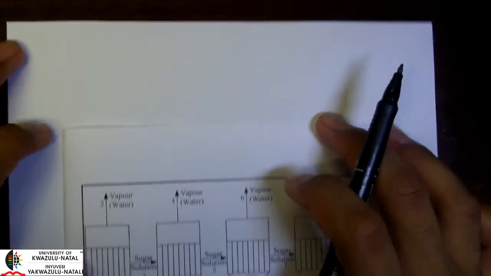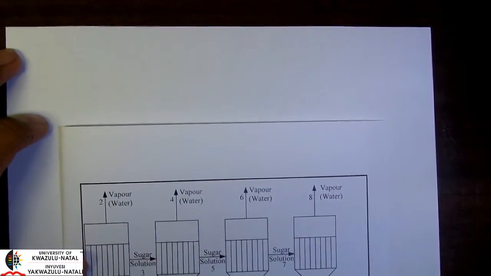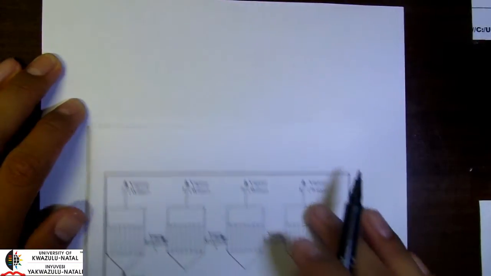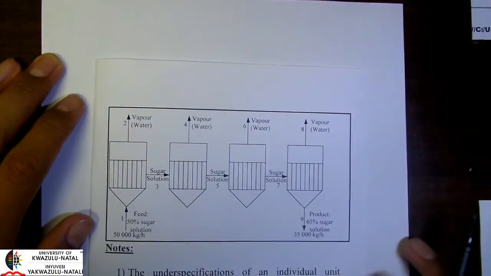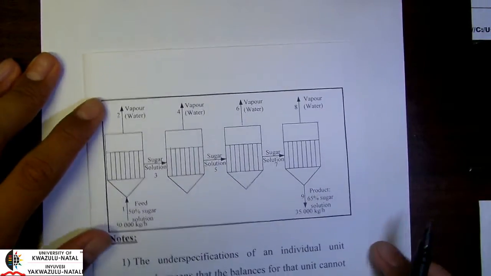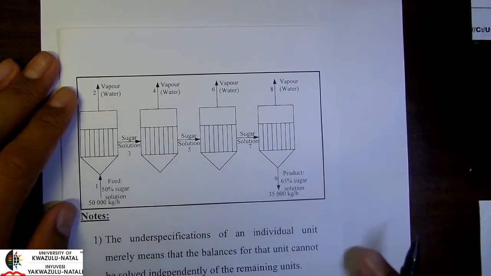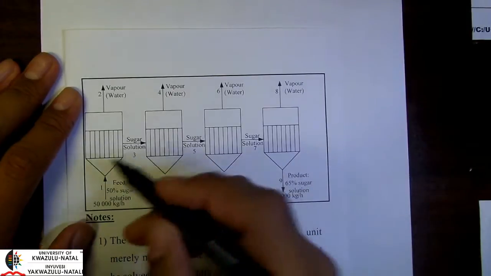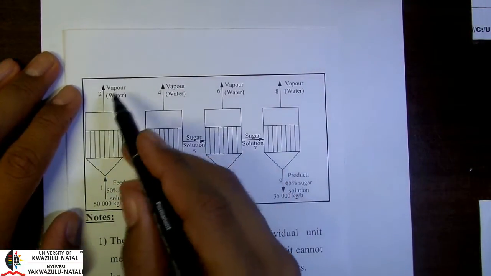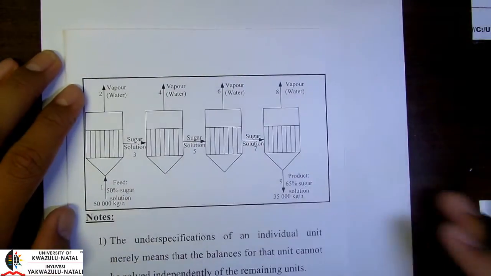Okay, so here are our balances. If I can look at the total balance, simply adding all the total flows, what goes in must come out. We only have F1 coming in, and the rest of the streams are going out of the overall balance.